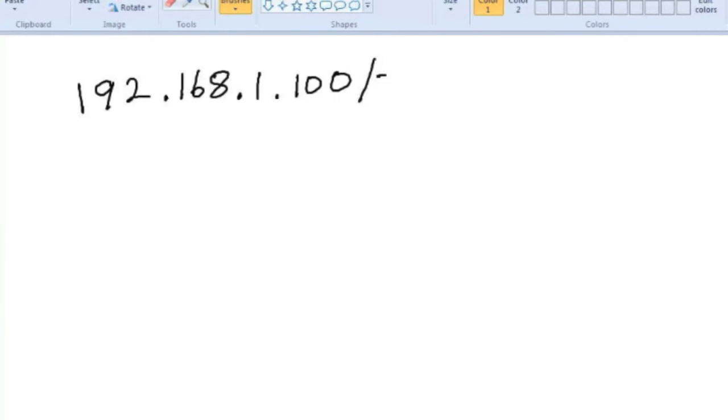And of course, that's a default /24. In other words, the subnet mask is 255.255.255.0.